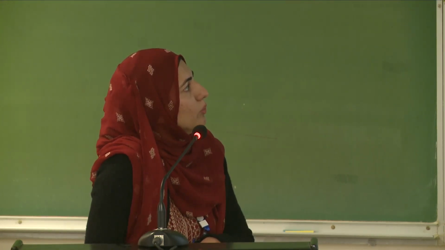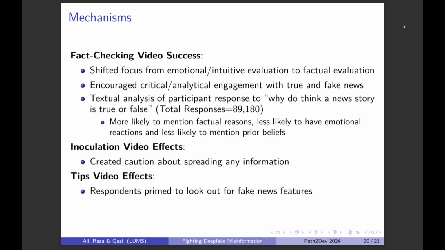So mechanisms, we're doing more work to explore this, but this is our preliminary understanding of what the data is showing us. We asked this question after every stimulus: why do you think a news story is true or false? And we are right now doing a textual analysis of the participant responses.